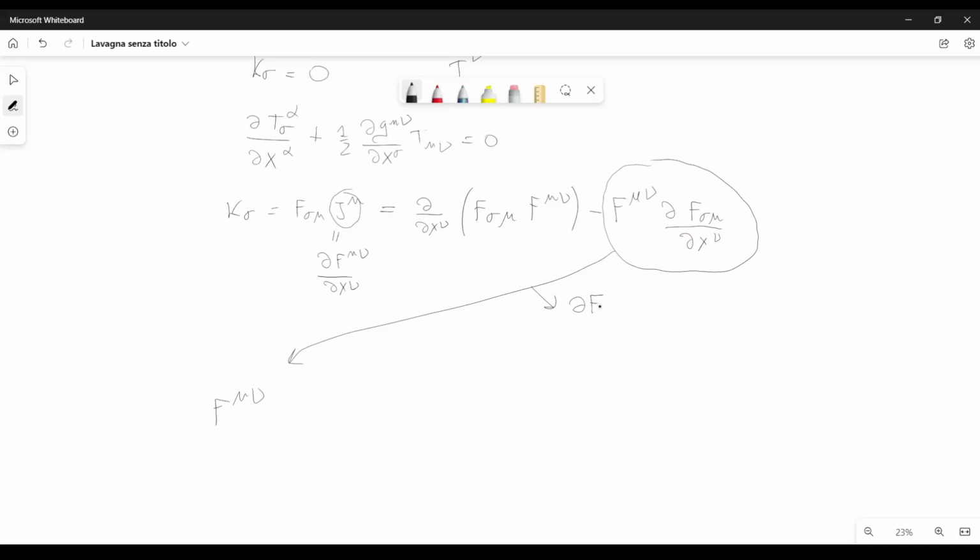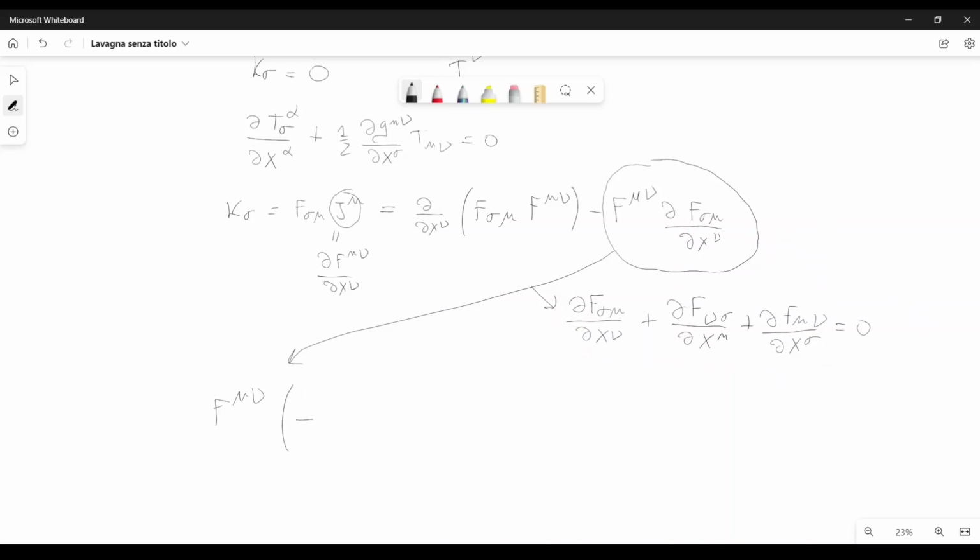We have an equation like this: derivative of f sigma mu with respect to x nu plus all the other permutations, which are df nu sigma with respect to x mu plus derivative of f mu nu with respect to x sigma equal to 0. Now, if we use this equation, we can rewrite this term like this. I'm going to do it here.